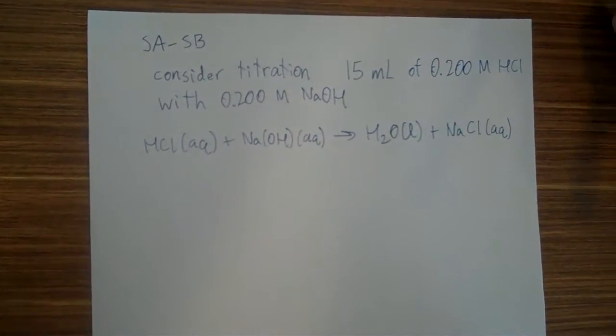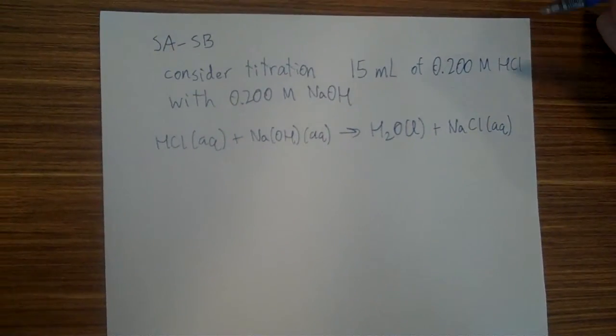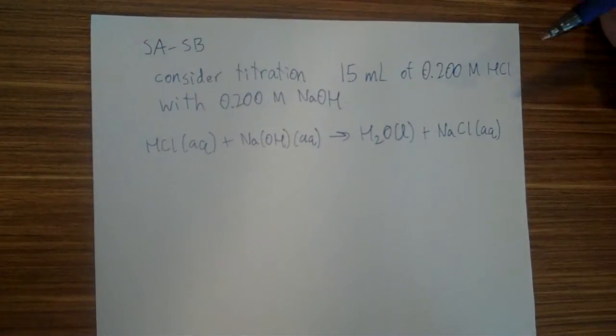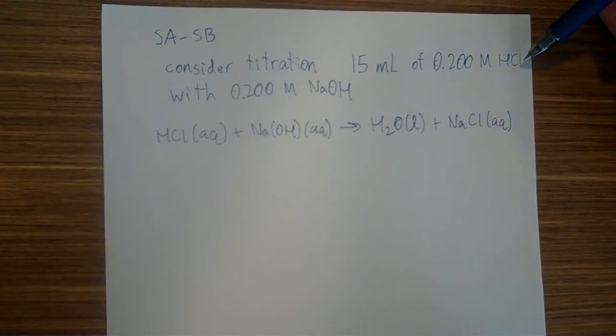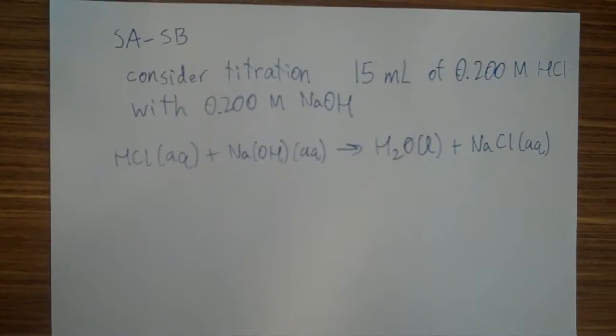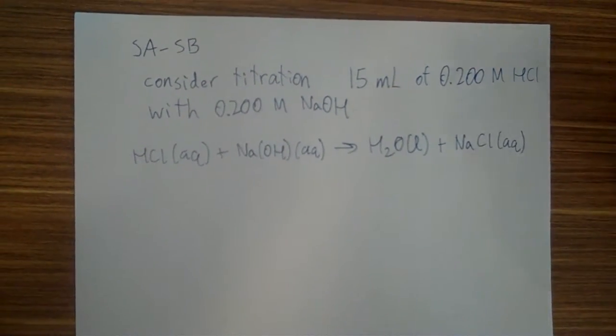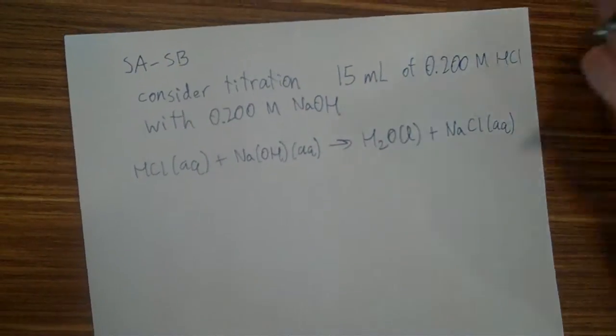So during a titration, we know that the equivalence point is reached when the number of moles of base equals the number of moles of acid that are initially put into the solution. So the first thing that we're going to do is figure out the initial moles of hydrochloric acid in the solution.